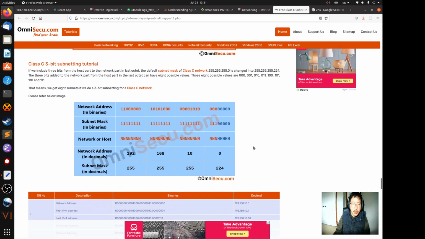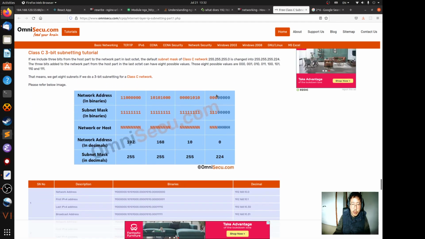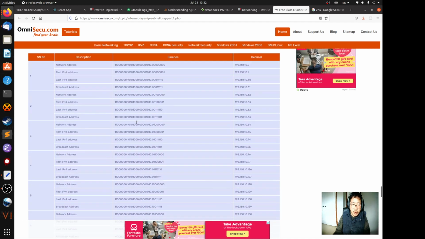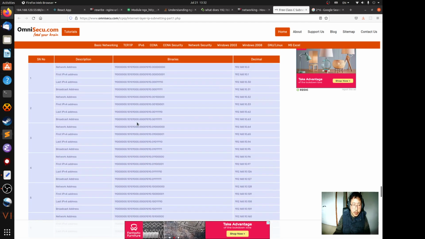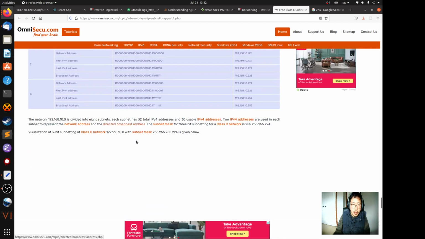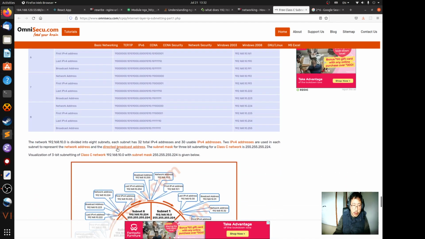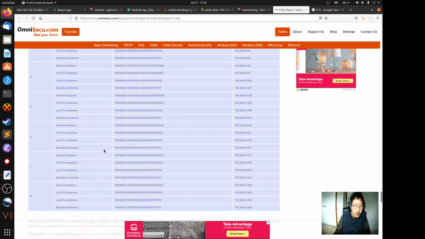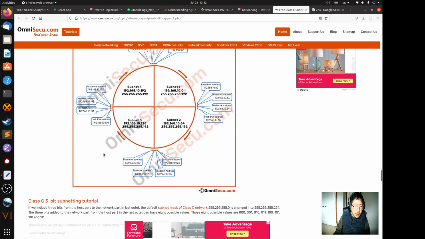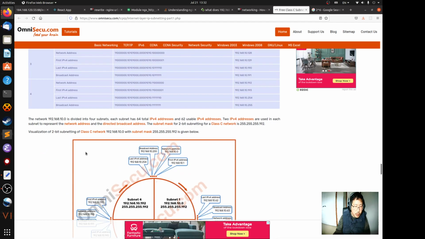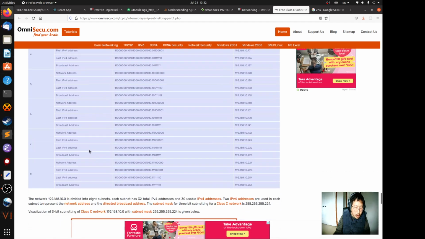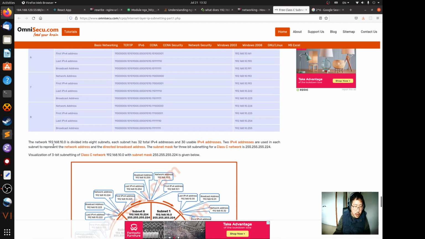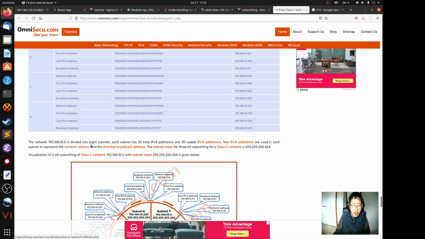Now, 3-bit subnetting. We borrow 3 bits from the host portion. There's 8 different possible subnets. Okay, so it says just the same network, 192.168.10.0, is divided into 8 subnets.